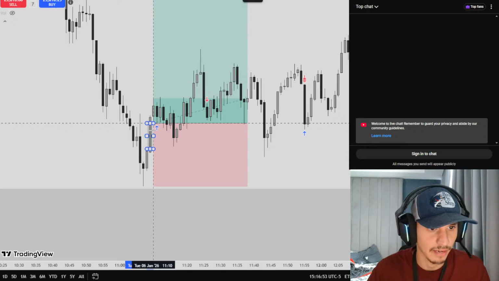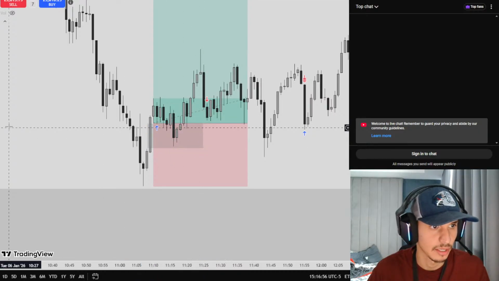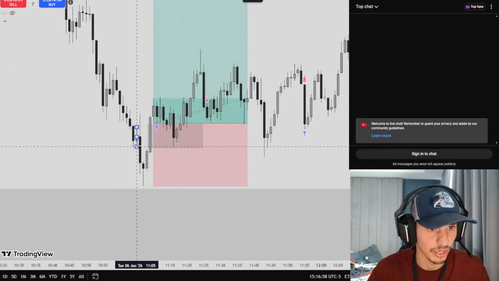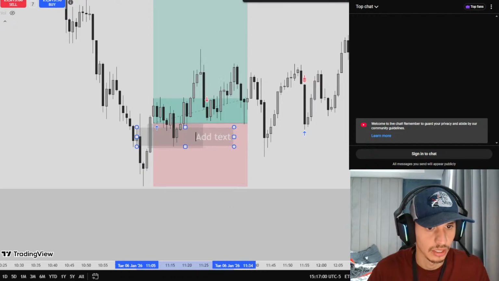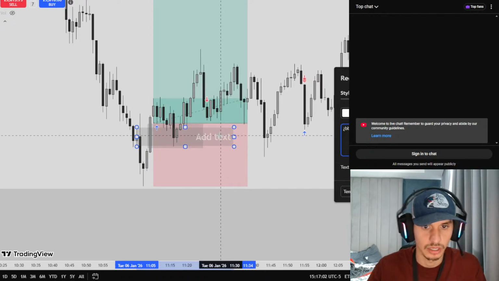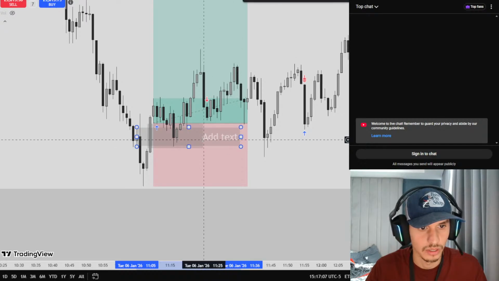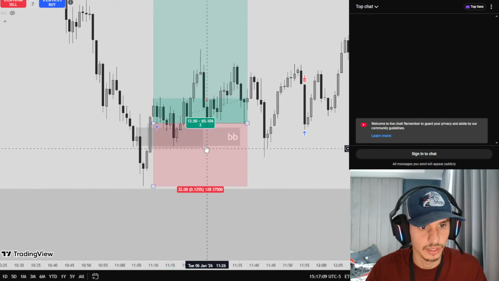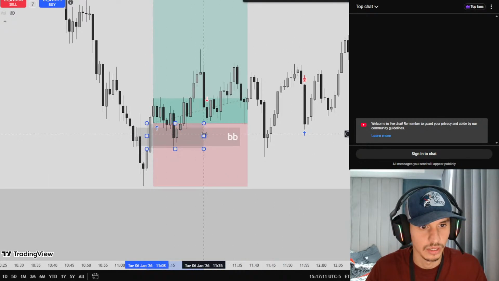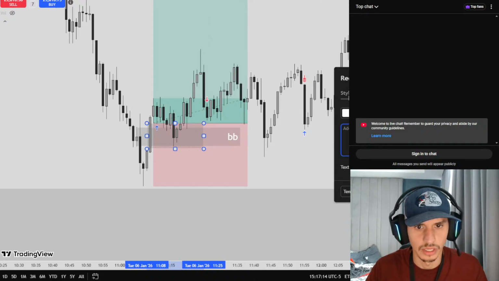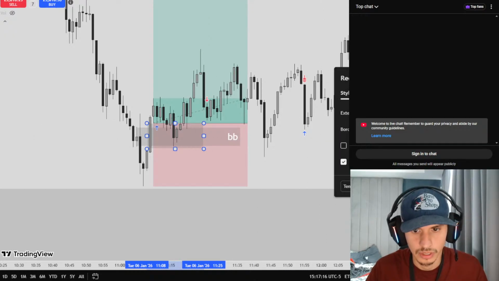What do we have here? We have a breakaway gap right there, paired with a breaker block. So let's actually mark these out. There it is. And let me change the style to orange.